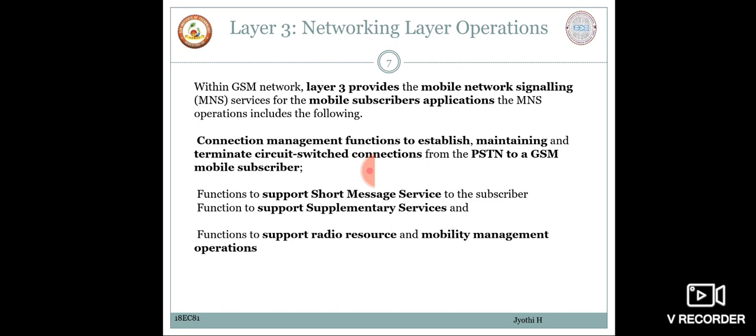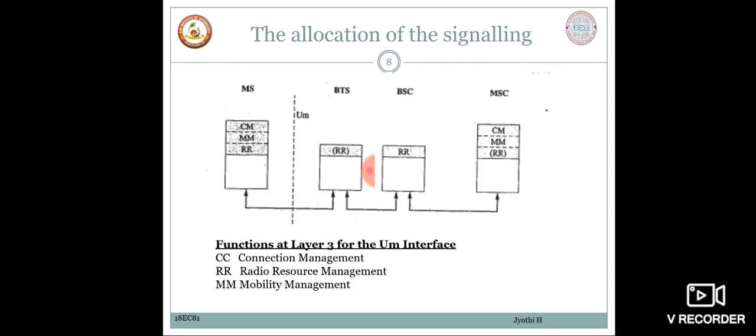So, let us deal with them one by one. Layer 3 has sub layers: connection management, mobility management and radio resource management. As shown in this figure on the screen, the mobile station contains all 3 sub layers and their respective protocol entities on the network side of the air interface.